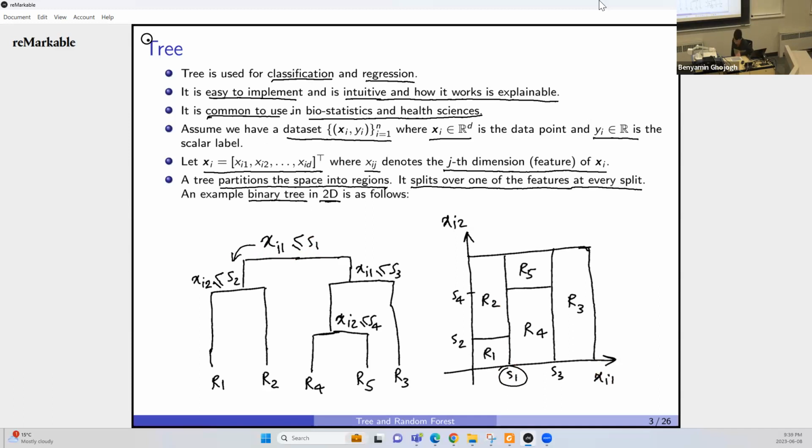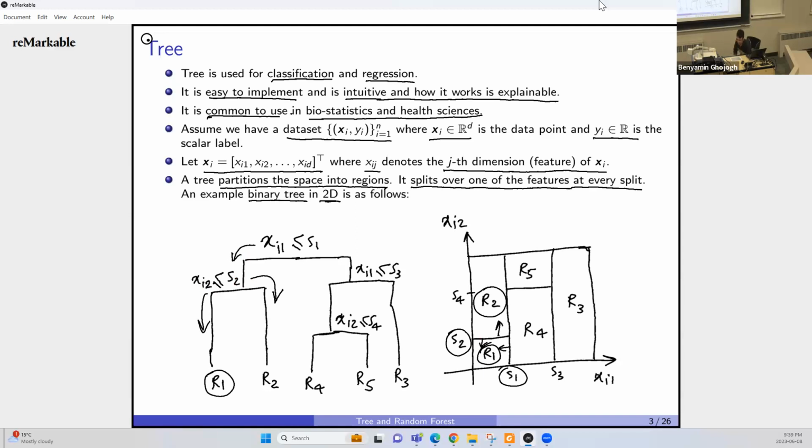Then if xi2 is less than s2, go in this direction. So less than s1 and also less than s2, it is region 1 here. If it is less than s1 still, but greater than s2, we come here, and it is region 2.